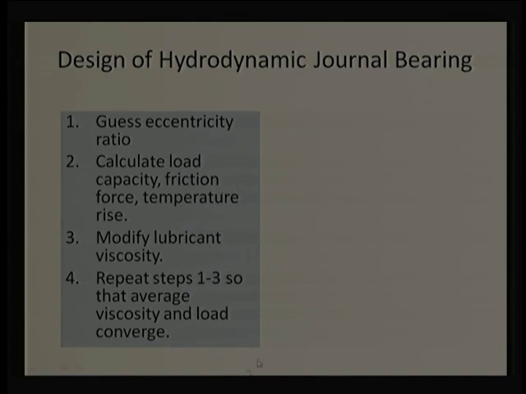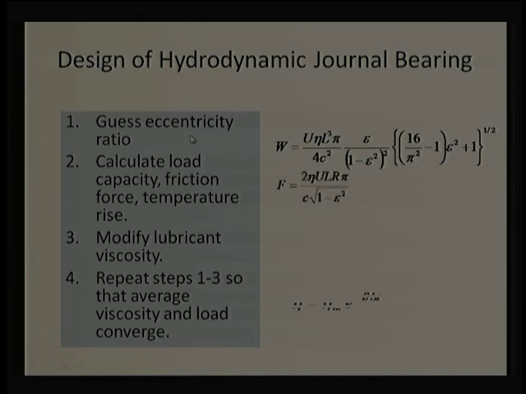But if I use this kind of short bearing approximation, estimate the results, and use those results as input to the finite difference method, the number of calculations will reduce significantly and there will be a lot of gain. So, if we assume some eccentricity ratio and substitute, we find the load carrying capacity, then the friction force, then the temperature rise.